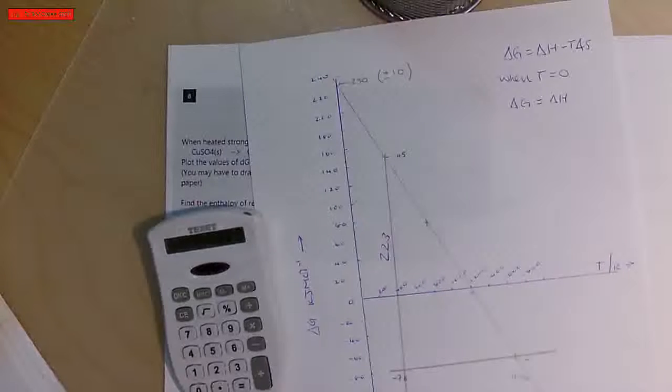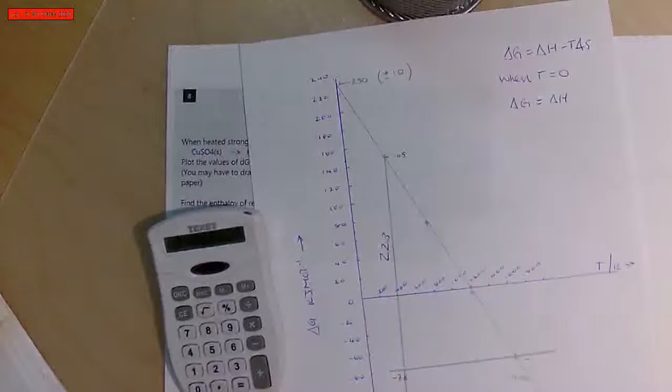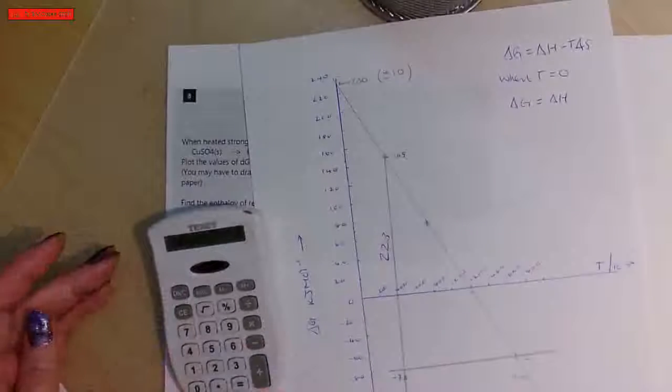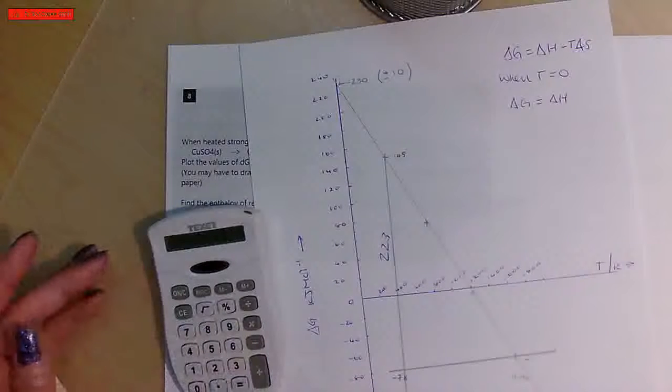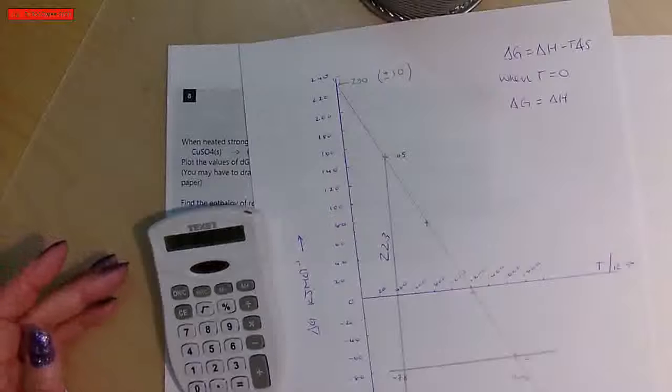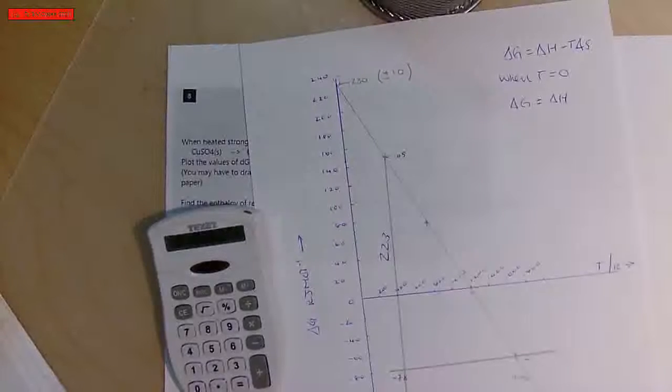That's 1600 take away 400, which is 1200, and I just put that into the calculator. 223 divided by 1200, the delta S works out at 0.1858. Okay, we know that that's in kilojoules, so this would be kilojoules per Kelvin per mole.